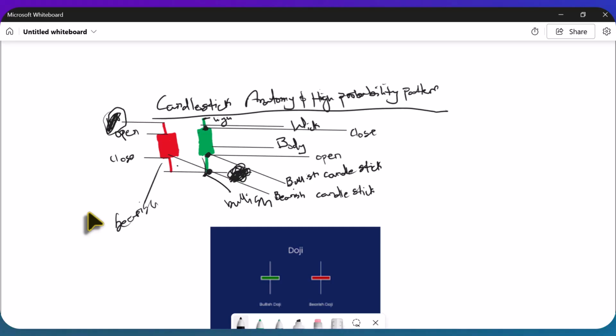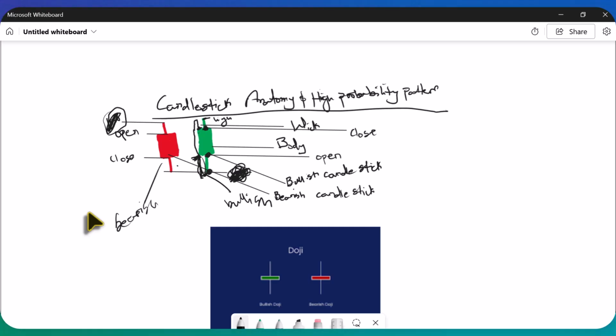So now, as you can see, depending on the time frame, price formed a wick here, then it pulled back, then came back up, forming the high, then pulled back, closing off here, then forms like that.